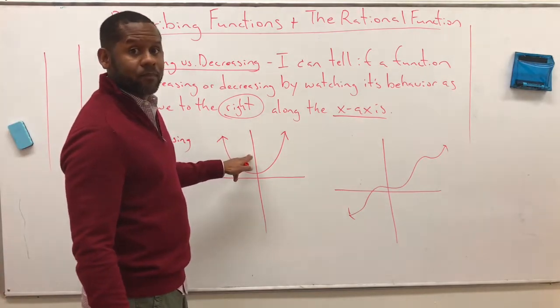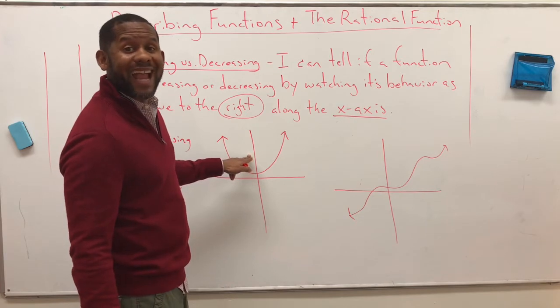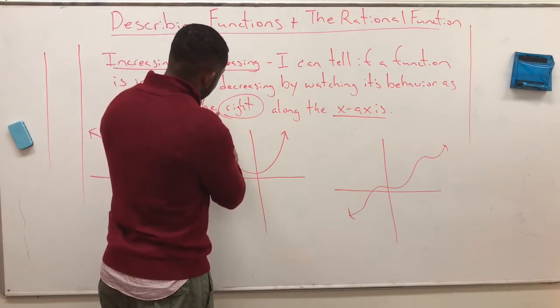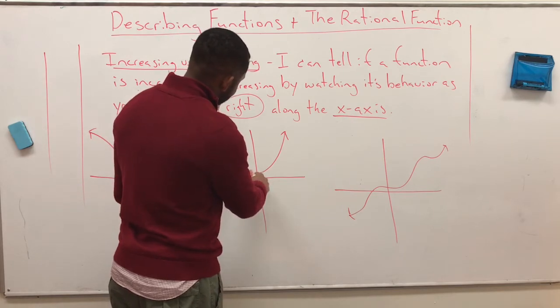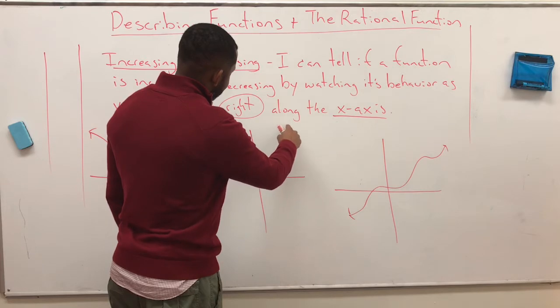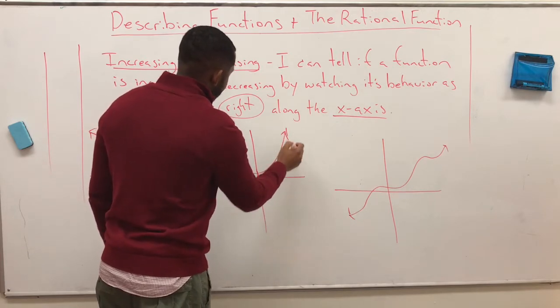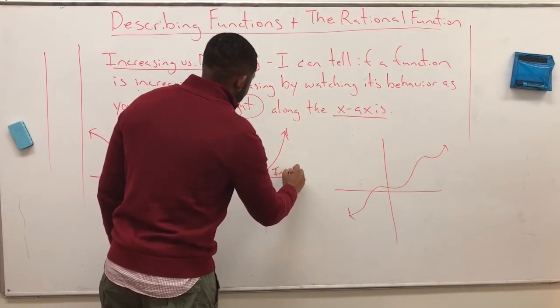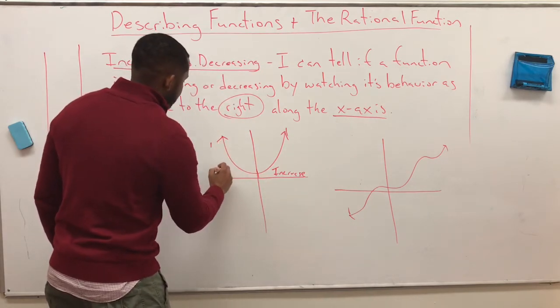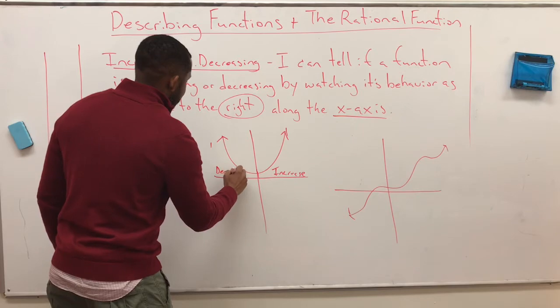This is a tricky one. This is both increasing and decreasing, right? As I'm moving along this way, I'm decreasing, decreasing, until this reflection point right here, and now I'm increasing, increasing, increasing. So from here to here is an increase. From here to here is decreasing.